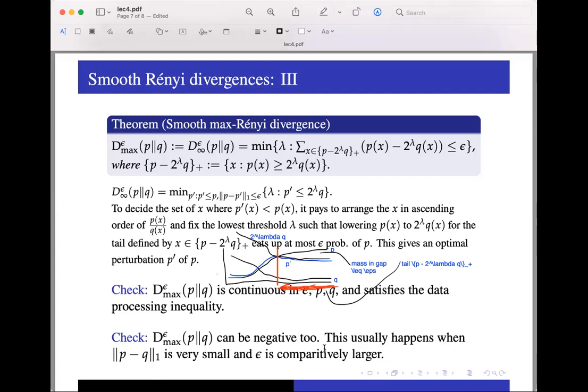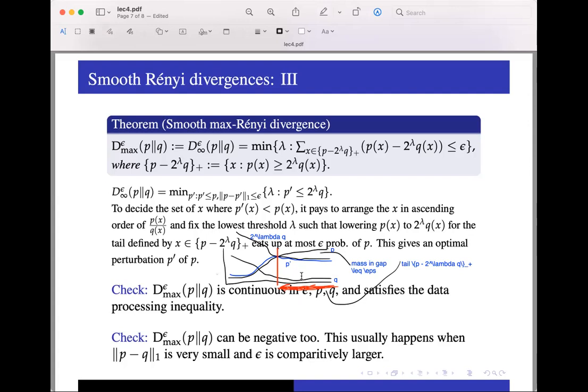Now, if I'm going to look at epsilon smooth entropy for a larger epsilon prime, bigger than epsilon, what I can do is that instead of moving Q upwards, I can think of moving Q downwards.